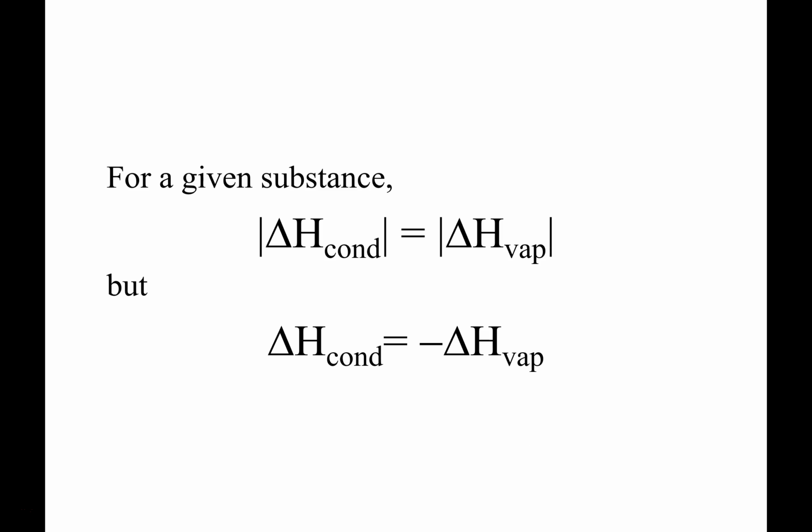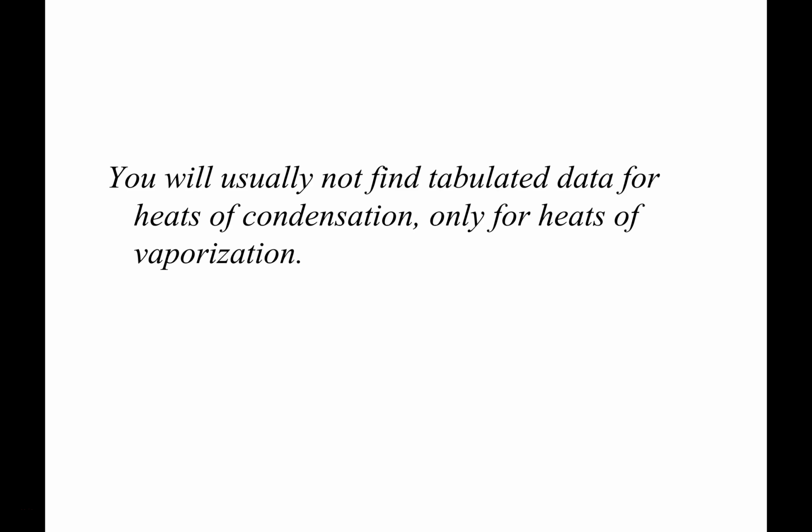That's what's being shown here. Their absolute values are the same. We could say that the enthalpy of condensation is equal to negative change in enthalpy associated with vaporization. Makes sense. Totally.